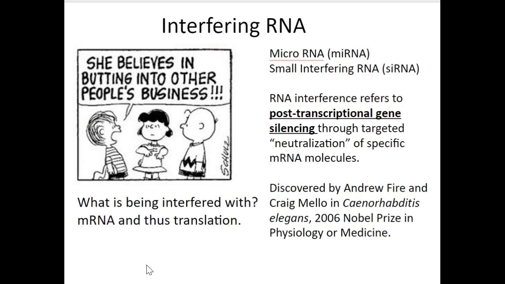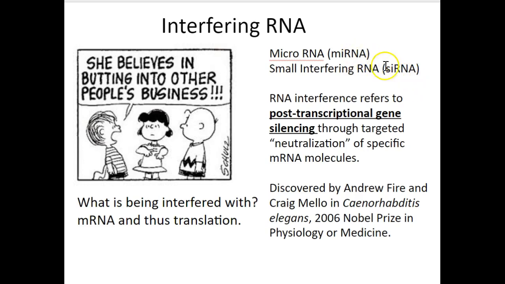There's an additional category of RNA that has been discovered and studied in the last 10 to 15 years, and it's a category called interfering RNA. Within that category, we have microRNA and small interfering RNA, miRNA and siRNA.